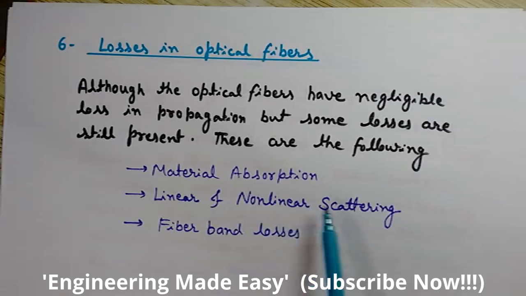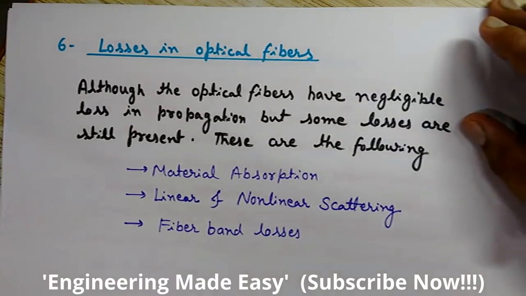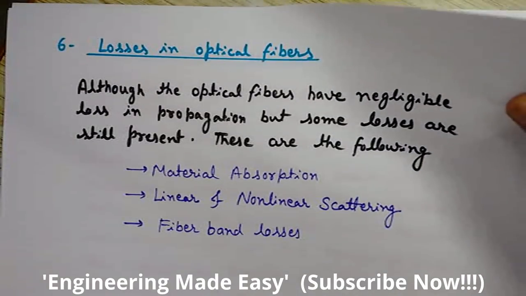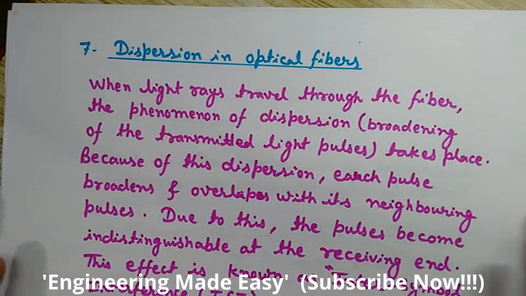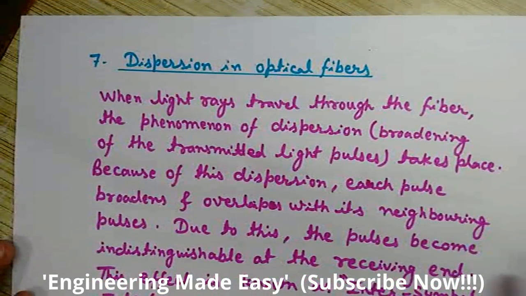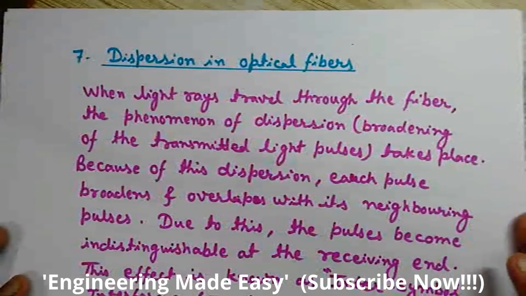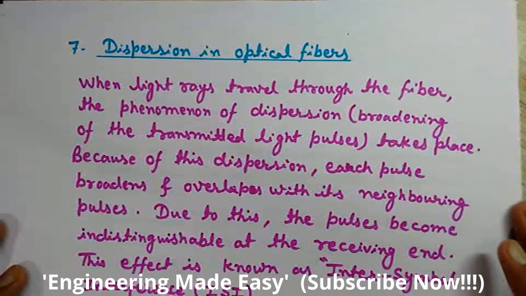Then the third one is fiber bend losses. We cannot have long distance communication without bending the fibers because of the path. We need to bend it somewhere. So if there is some bending in the fiber in the communication process, then there would certainly be some losses. Okay, we will discuss in separate lectures, don't worry.